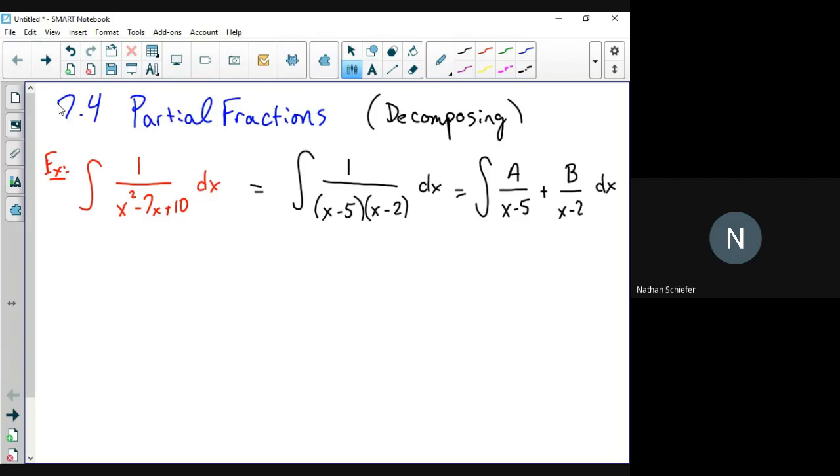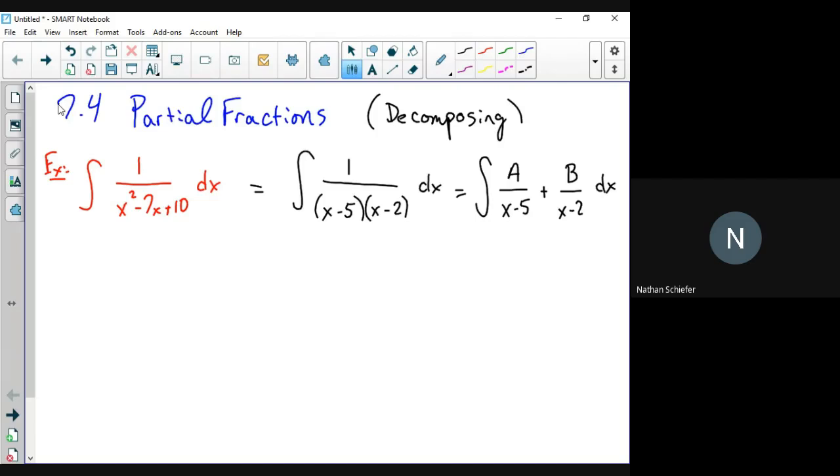I'm breaking apart that fraction into two fractions with different denominators. And what we're accustomed to doing is taking something like I wrote here and getting a common denominator to get that. So now we're breaking this apart.